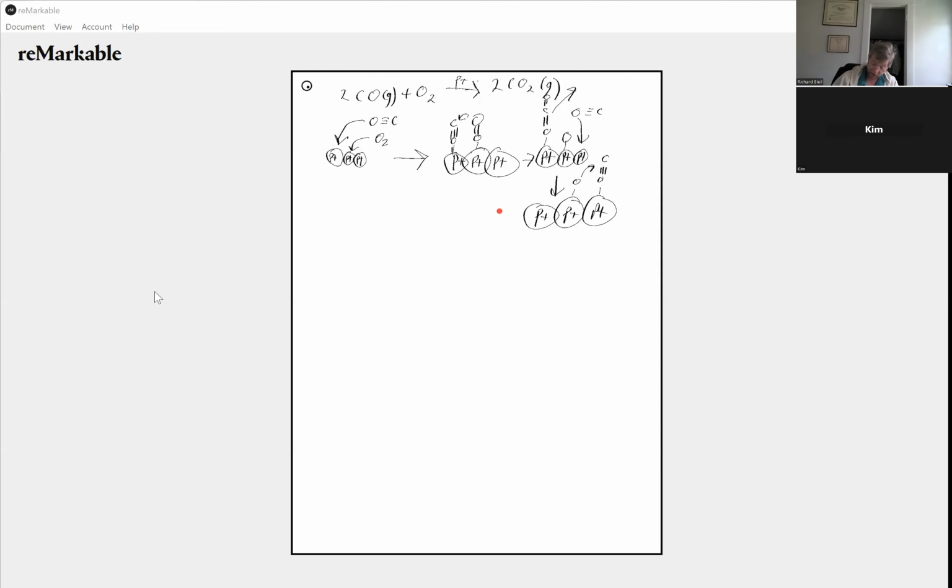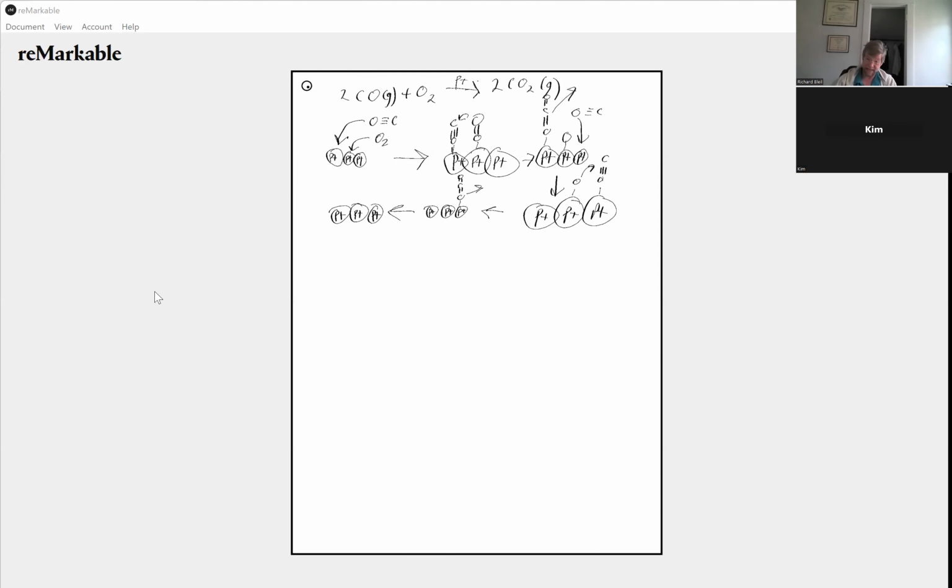This oxygen is going to go with this carbon monoxide to form another carbon dioxide, sorry. And then, of course, the carbon dioxide is going to fly off, regenerating the platinum. So we end up with the exact same catalyst that we started with. The platinum is still platinum.